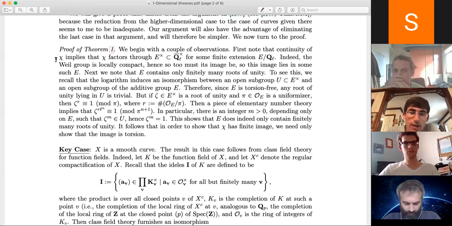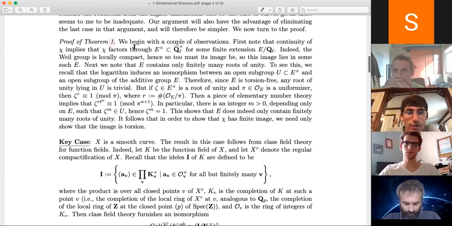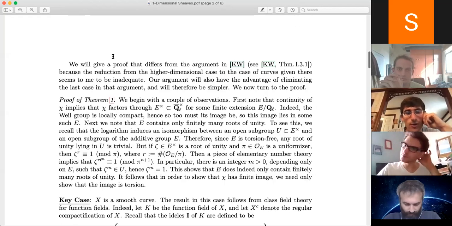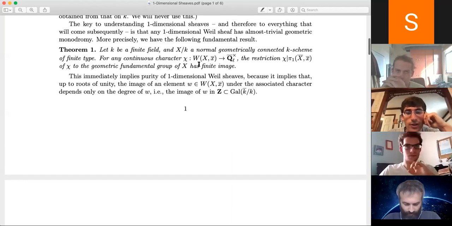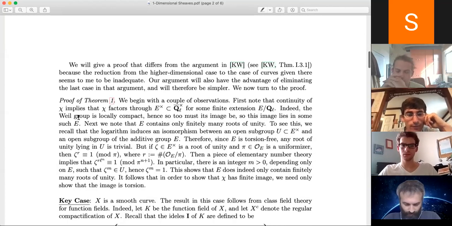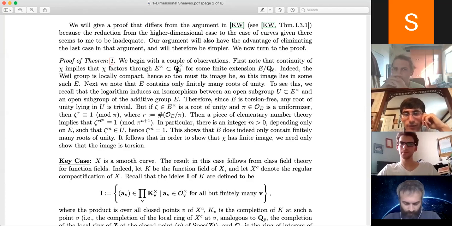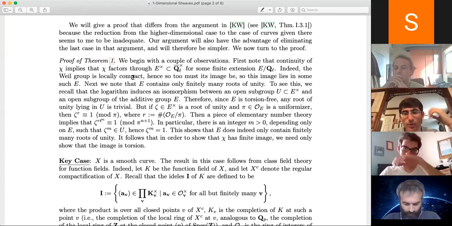So we start with some observations. First, continuity of chi implies that, recall that chi was a continuous character from the Weil group of X to Q_l bar cross. Continuity of chi means that chi factors through some finite extension E of Q_l lying inside Q_l bar.